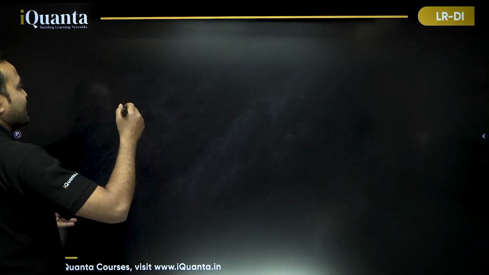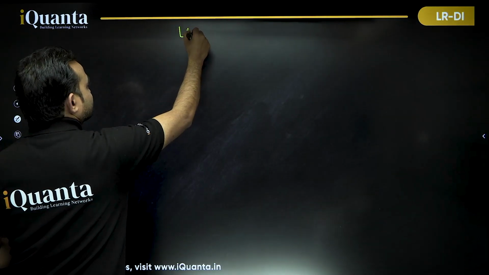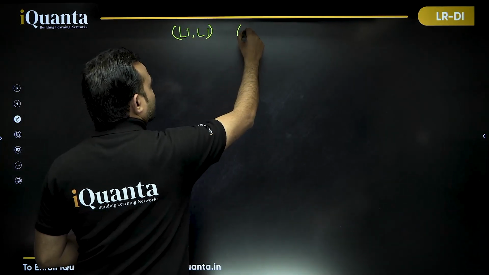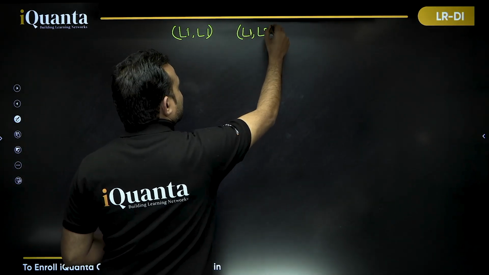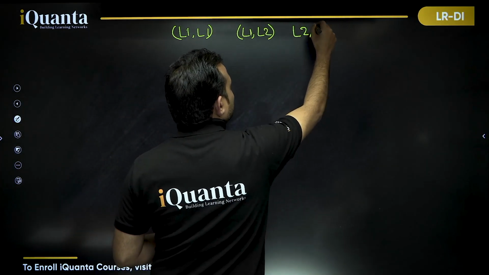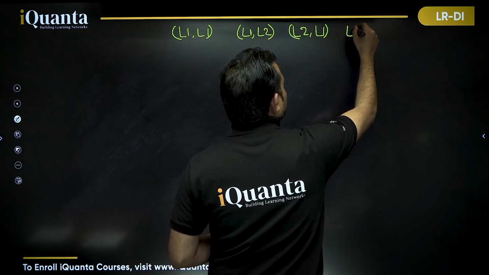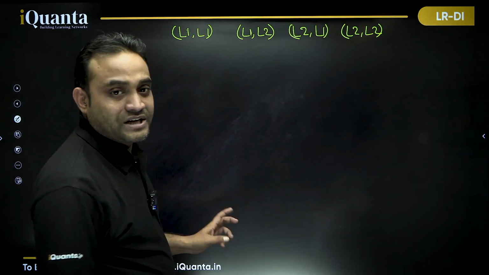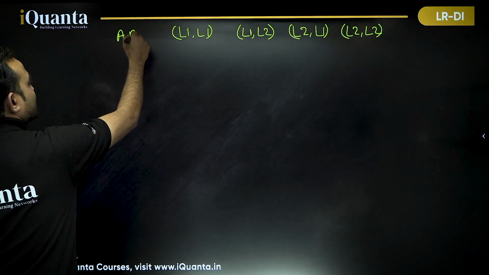Now, if we write the possibilities, there will be: both of them running a level 1 campaign; or Amia running level 1 and Ramya running level 2; then Amia running level 2 and Ramya running level 1; and Amia running level 2 and Ramya also running a level 2 intensity campaign. So in that case, this is Amia and this is Ramya.